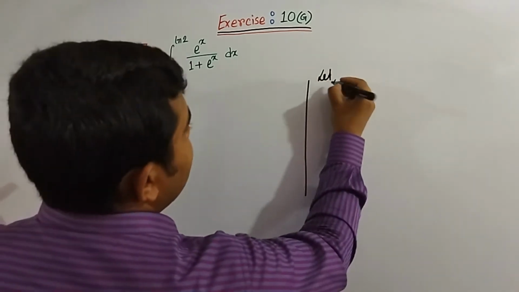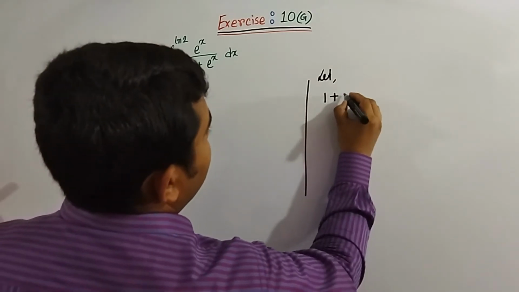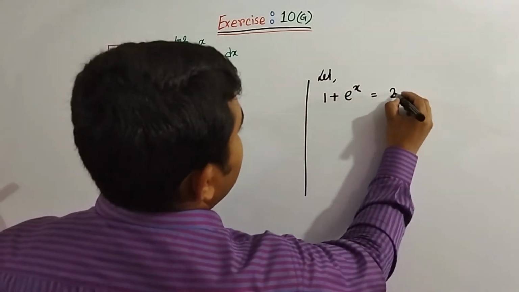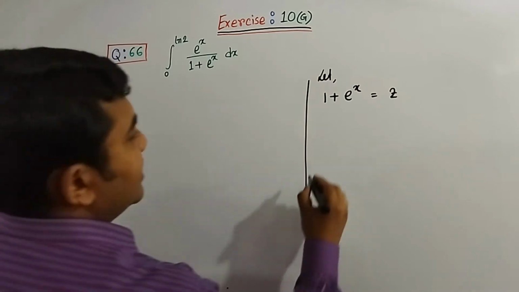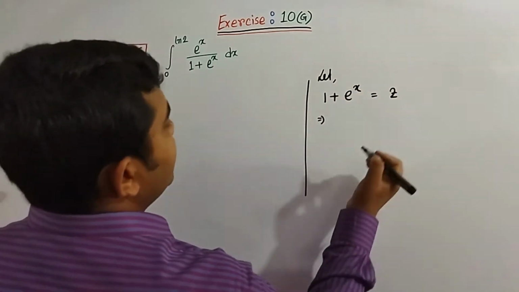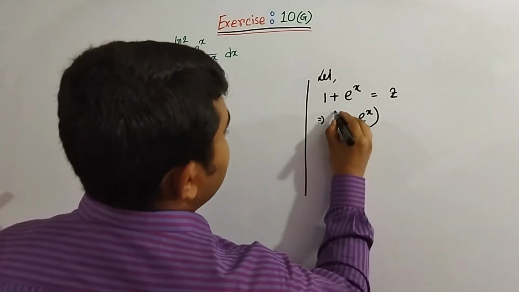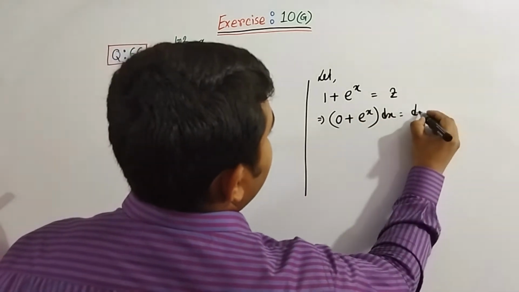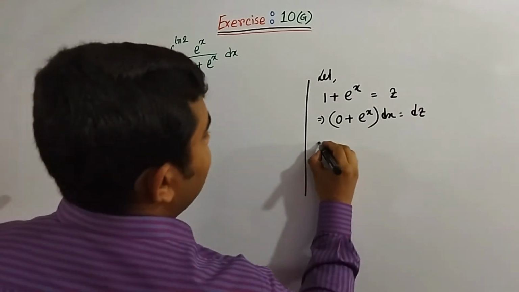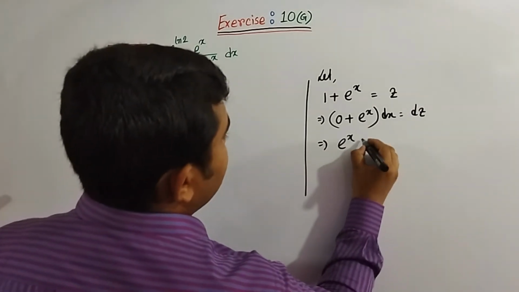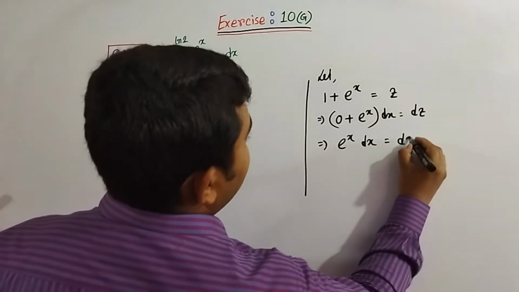So let us assume that our denominator 1 plus e to the power x is z, and if we take the derivative of this part, then you will get e to the power x dx equals dz. Here we get very easily e to the power x dx equals dz.